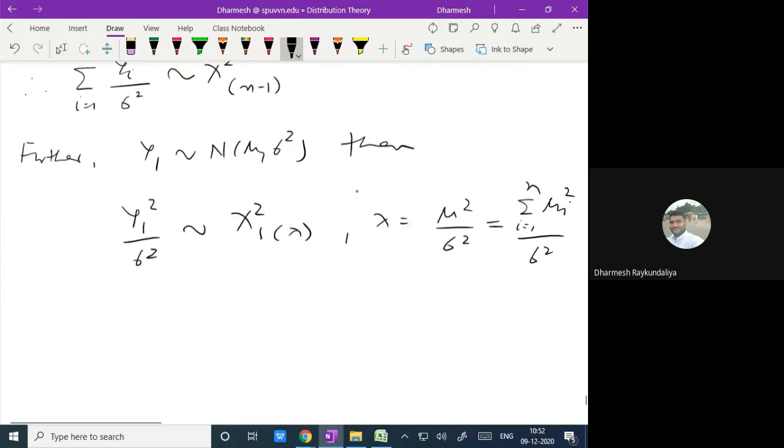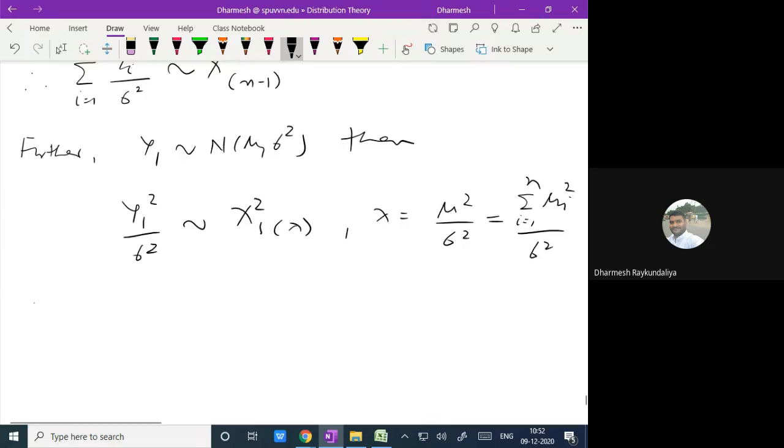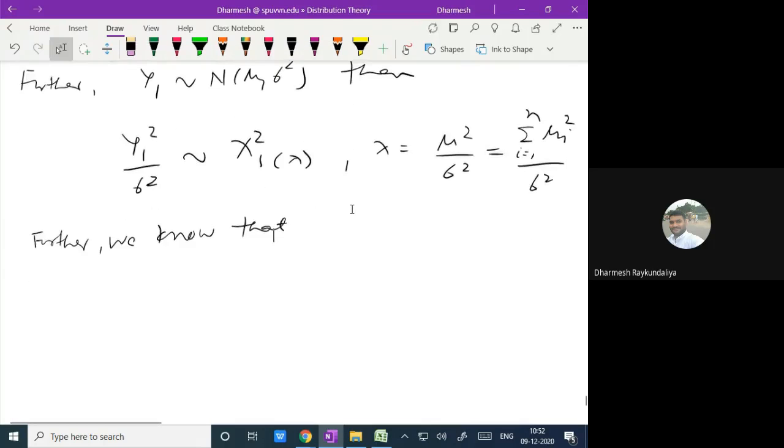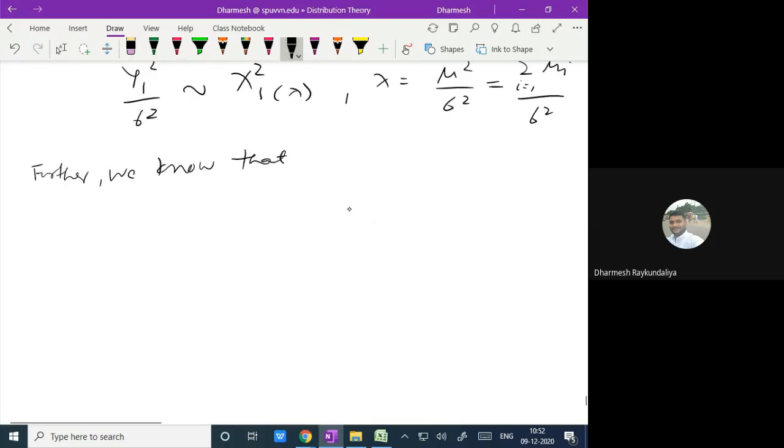Further, we know that y1 is independently distributed with y2, y3 up to yn. So they are independently distributed.